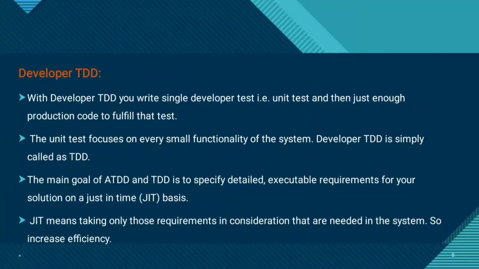The main goal of ATDD and TDD is to specify detailed executable requirements of your solution on a just-in-time basis, JIT. JIT means taking into consideration only those requirements that are needed in the system, so it increases efficiency.